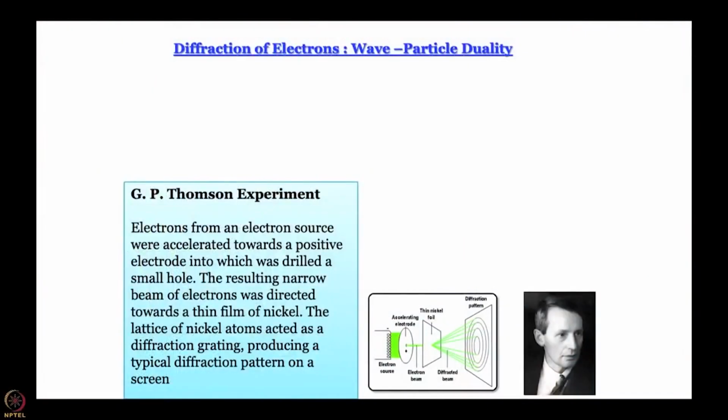Since it is done in a transmission mode, one takes not a crystal of nickel, but a thin film of nickel. For the electron beams that went through, a screen was placed after the nickel film and a clear diffraction pattern was obtained. So, these two experiments indicate that matter manifested in electrons can have wave-like nature. What does it mean? We do not know yet.